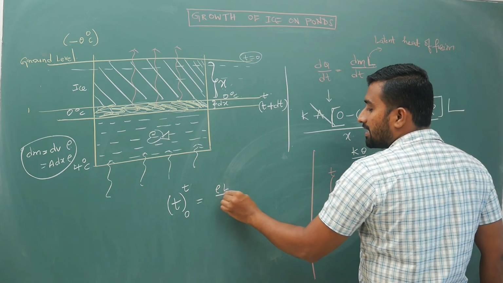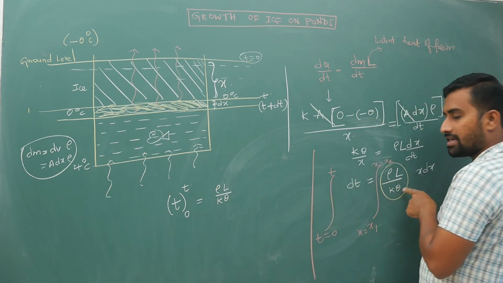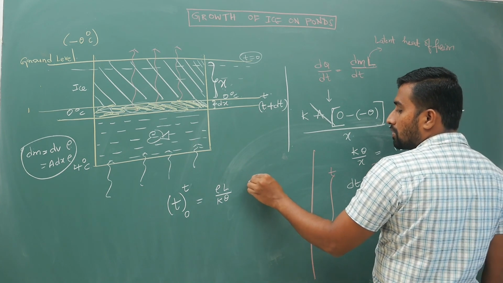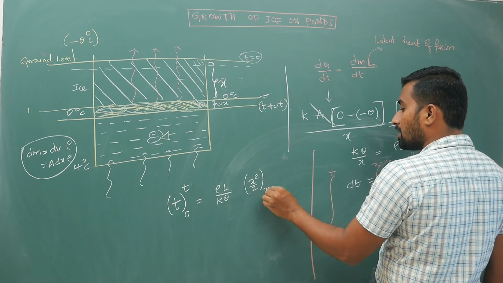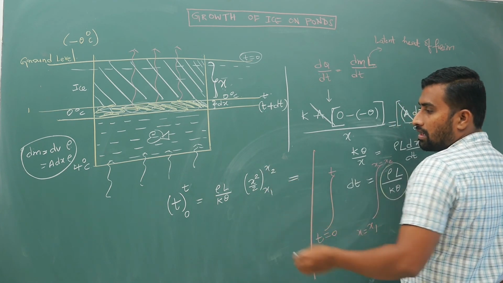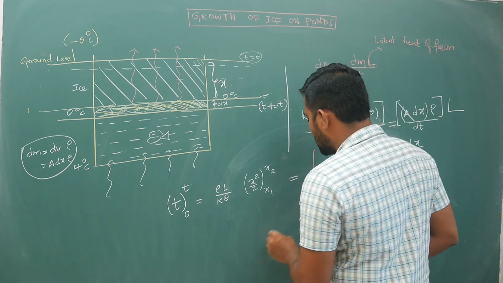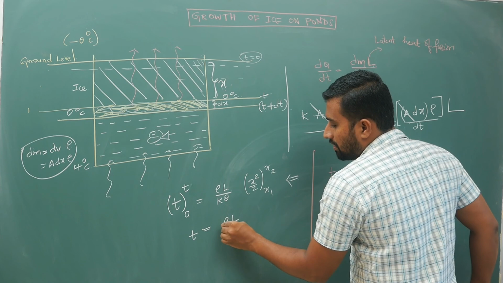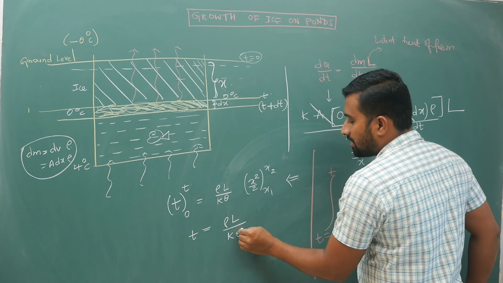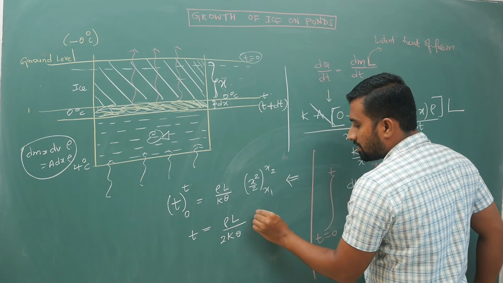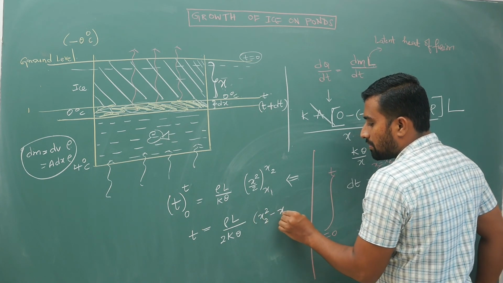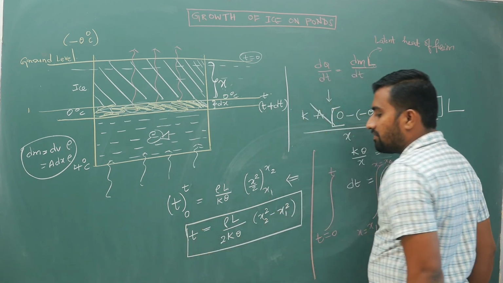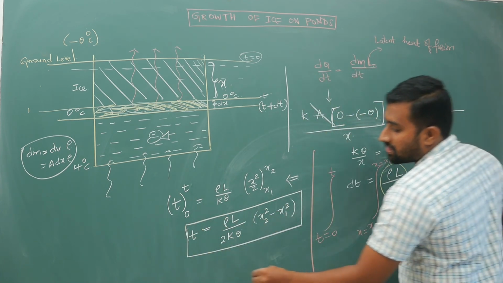Rho L by k theta is constant, you can take it out of the integral. Integral of x dx is x square by 2, from x1 to x2. Finally your expression is t equals rho L by 2k theta times (x2 square minus x1 square).